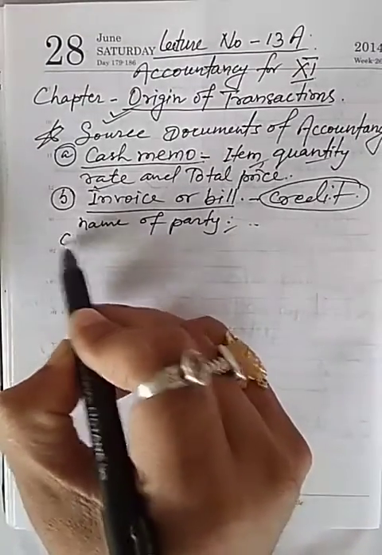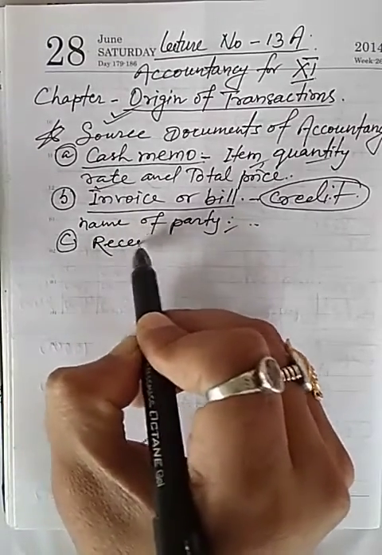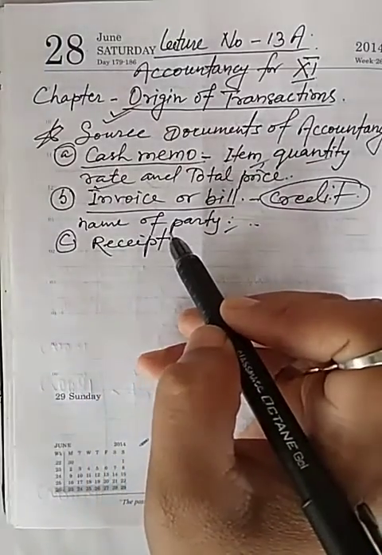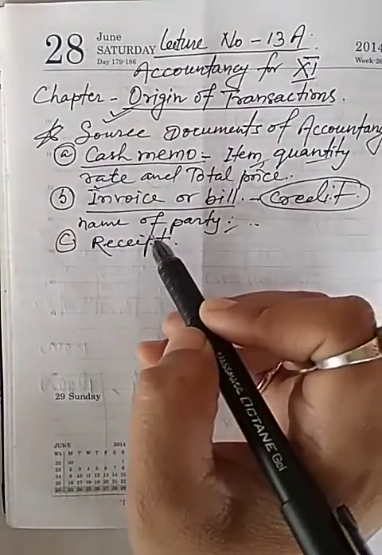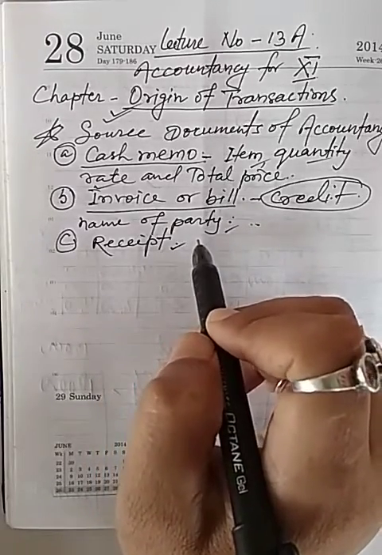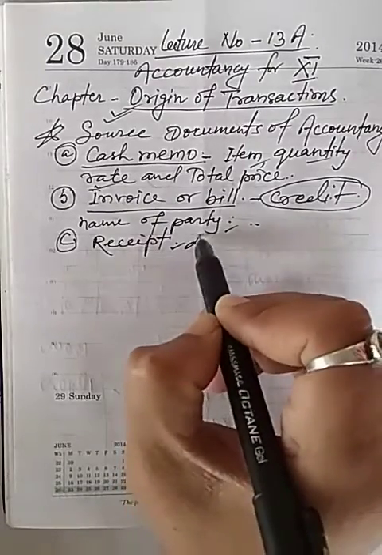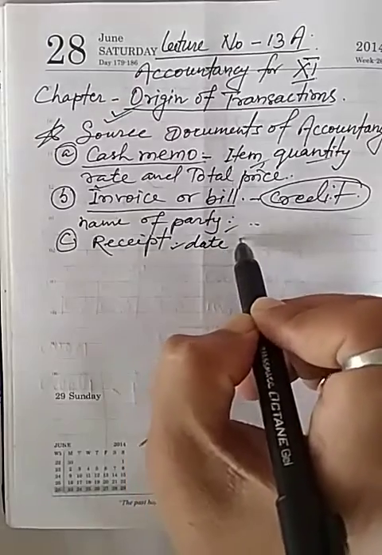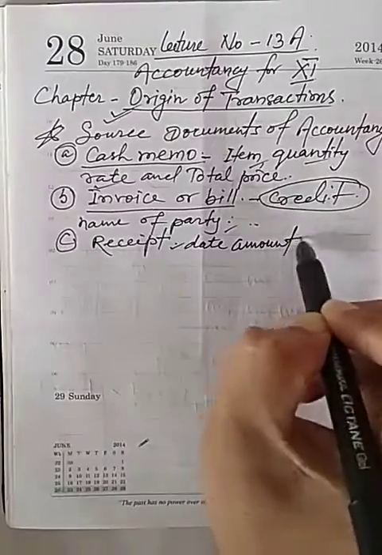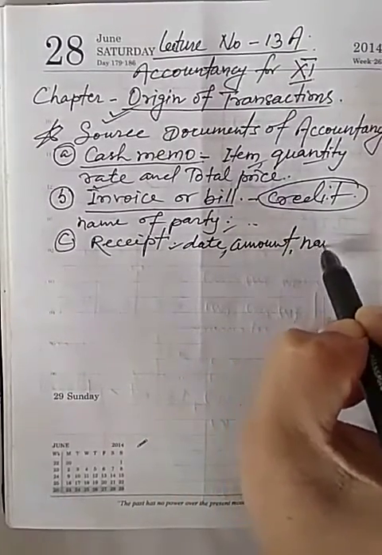Now, the next point is receipt. When a trader receives cash from a customer, he issues a receipt containing the date, amount, and name of customer.